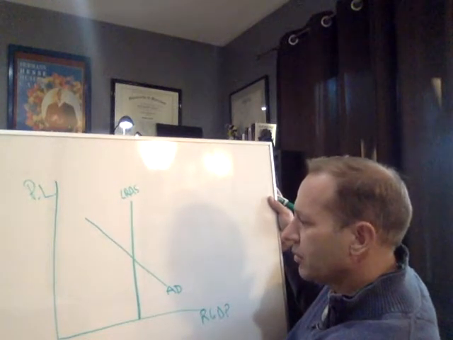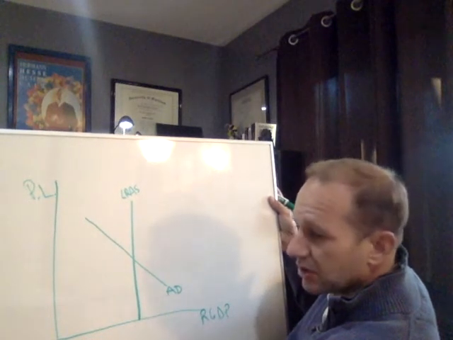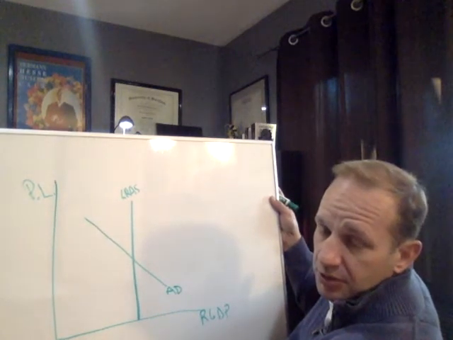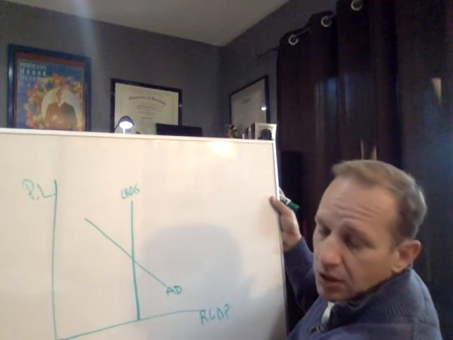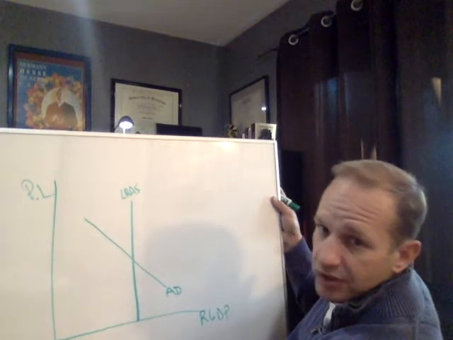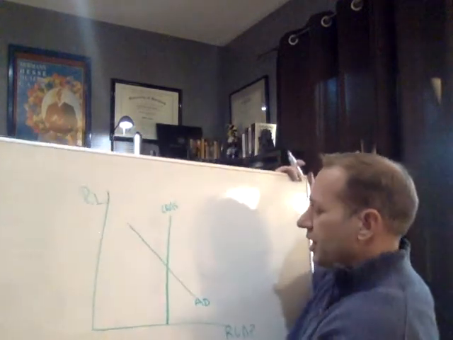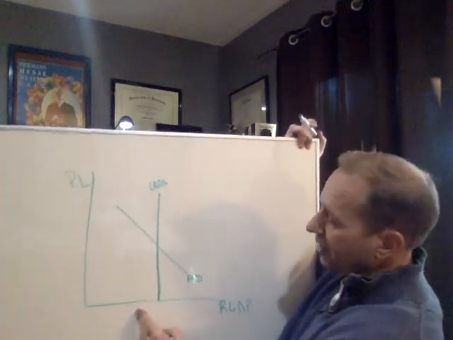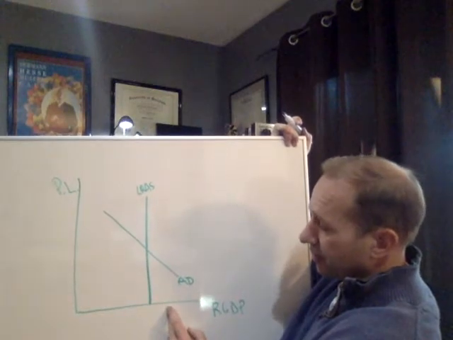And then there's also short-run aggregate supply, which I haven't drawn on here because I have to think about where I want these to intersect so that I meet the criteria of the question. We have an inflationary gap. Well, a recessionary gap is when output is below its long-run potential. An inflationary gap is when output is above its long-run potential.